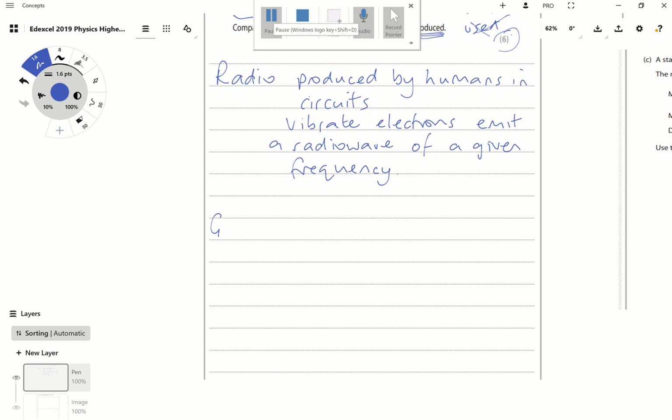And then gamma waves, or gamma radiation. This is the natural, random and spontaneous decay of radioisotopes.